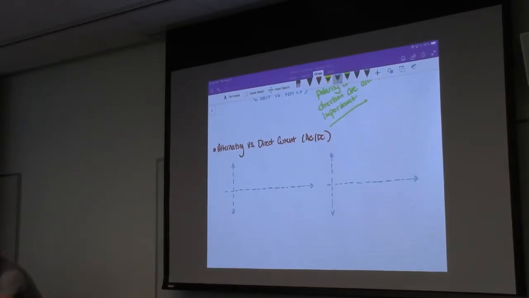So traditionally, if we're calling this our DC wave and this our AC wave, most people think of this as the only thing that fits the bill of a DC wave, and most people think of this as the only thing that fits the bill of an AC wave.